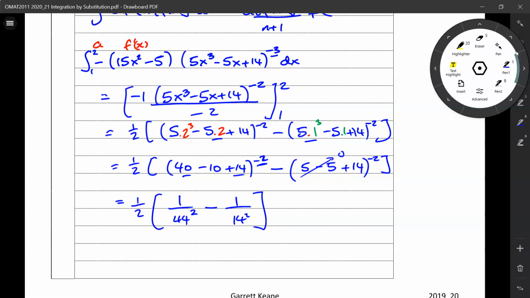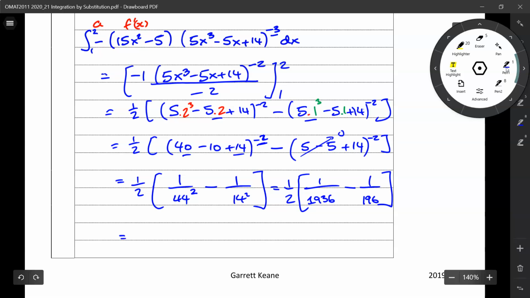Okay, and you can evaluate that with a calculator, which I will do shortly. So this is equal to 1 over 2 times 1 over 44 squared, which is 1,936, minus 1 over 14 squared, which is 196.